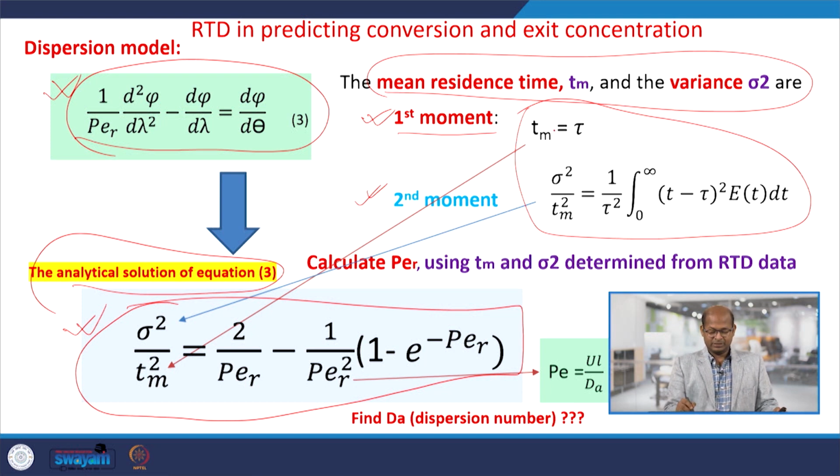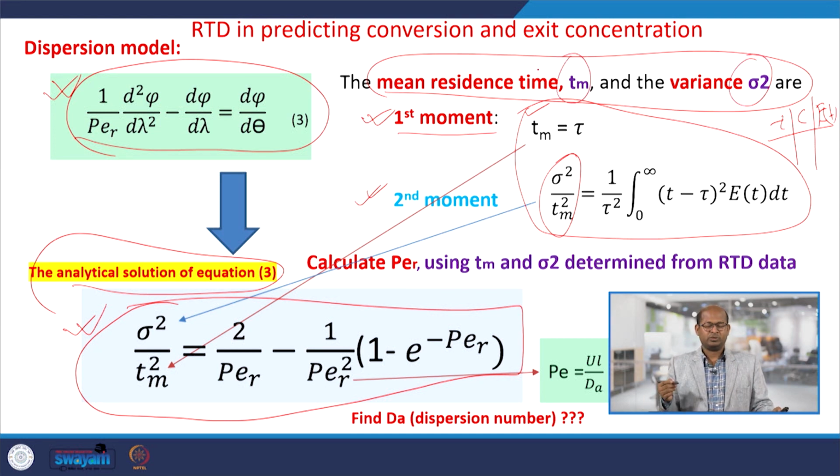From the tracer test, meaning the C and E curves, we can find the mean time and variance, as we did in our previous class. So we have to find the variance and the mean residence time, Tm.